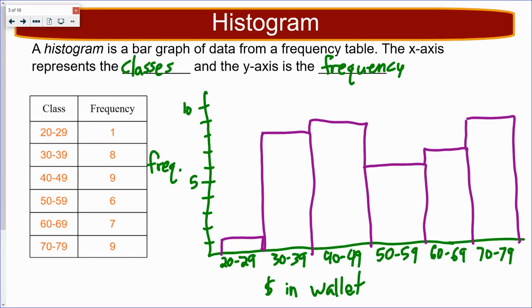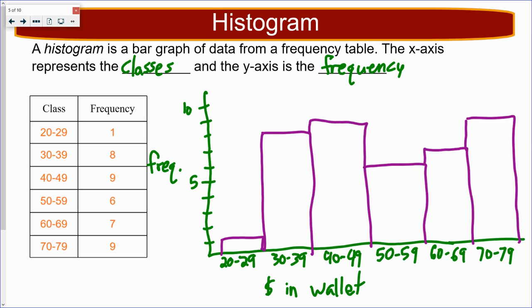If we did it by individual values, then on this x-axis, we would have probably 35 numbers, because how likely is it that many people have the exact same dollar amount? So it would take a lot longer to create a bar graph, a histogram that gives us relevant information.